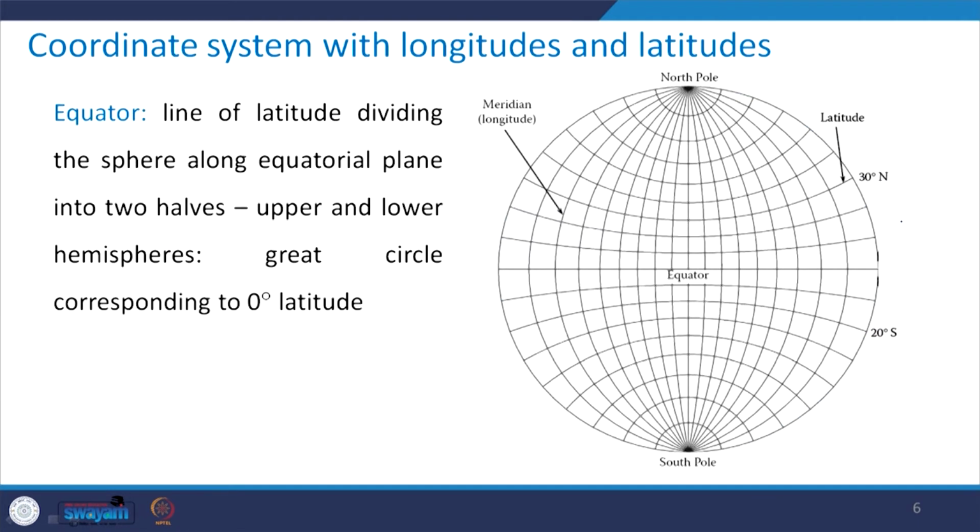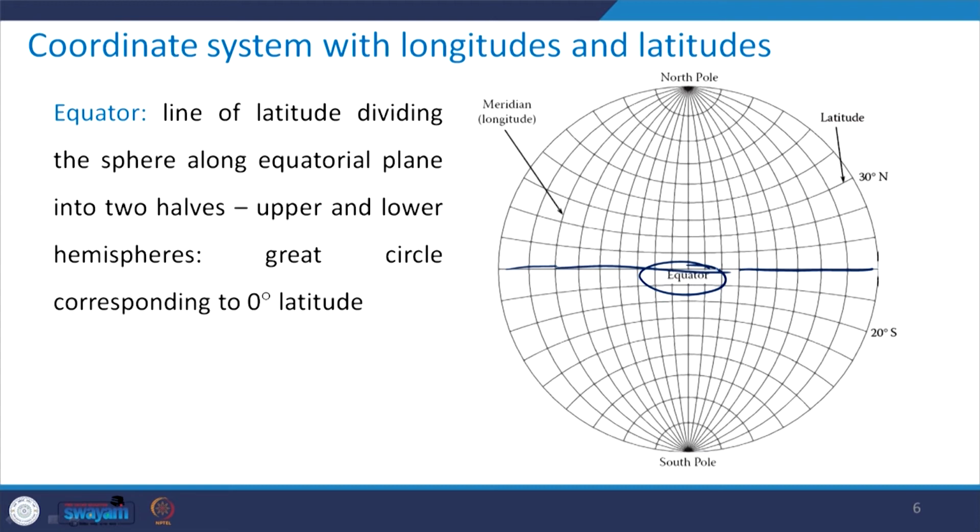Coming to the next term, with reference to Earth, you all know about the equator. It is the line of latitude which divides the sphere into an equatorial plane having two halves.